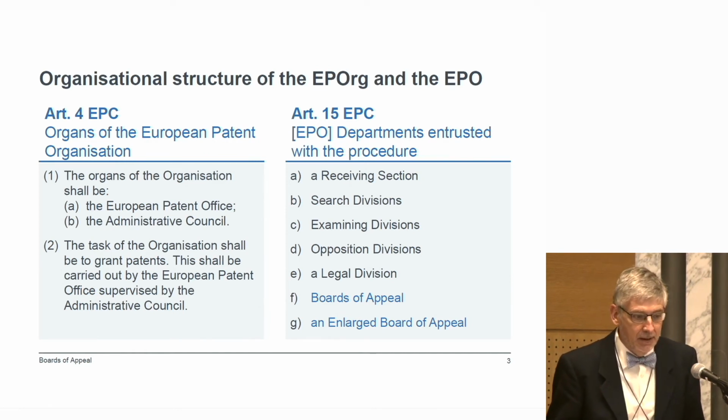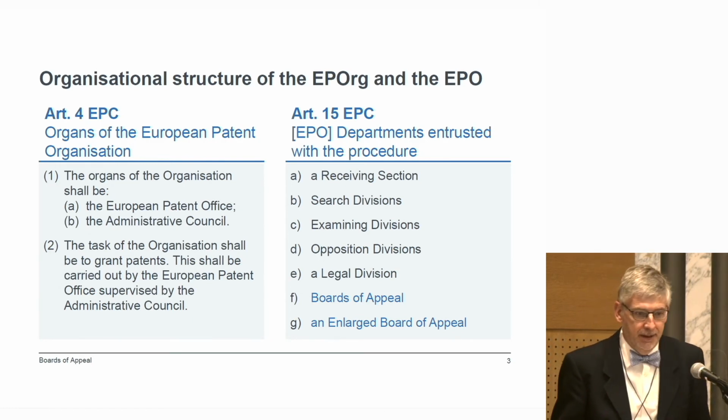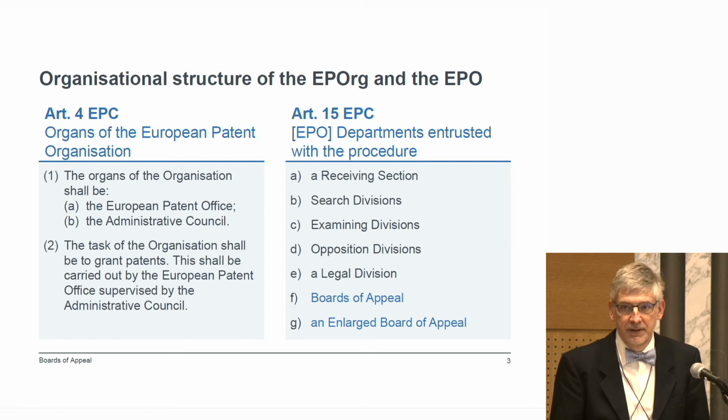First of all, the legal basis for the boards of appeal and their proceedings are Article 4 and Article 15 of the European Patent Convention, the EPC. In Article 4, you see that the European Patent Organization has two organs. That's the European Patent Office and the Administrative Council.